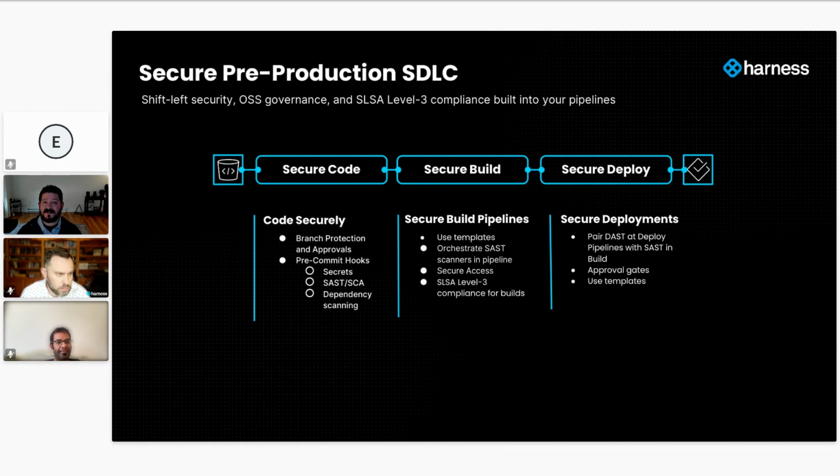It really gives us parity for what customers are going to see when they run scans on the applications that they're consuming. The secure deployment phase is also a great place to, again, use templates and standardization and ensure that we've got the proper approval and access controls in place.